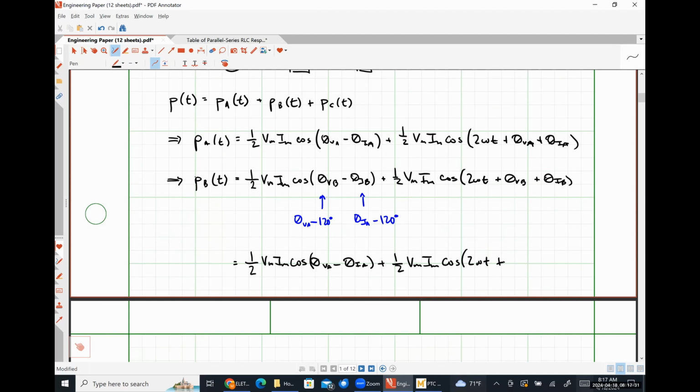I'm going to do the same thing over here, so I'm going to have theta VA plus theta IA minus 240 degrees, because now those negative 120s add together for this part. Okay. So effectively, the instantaneous power for the B phase looks exactly like the instantaneous power for the A phase, except that it's lagging by 240 degrees.